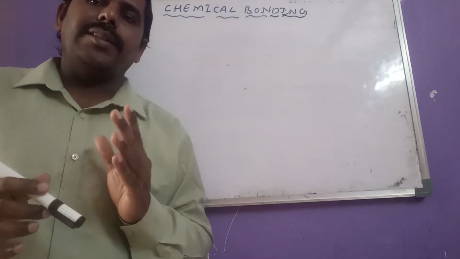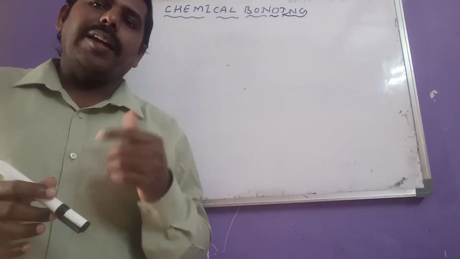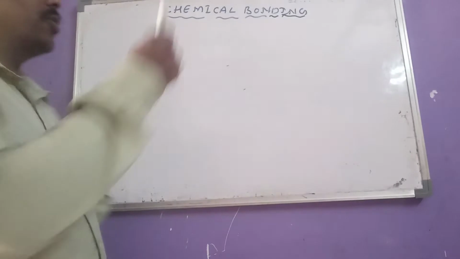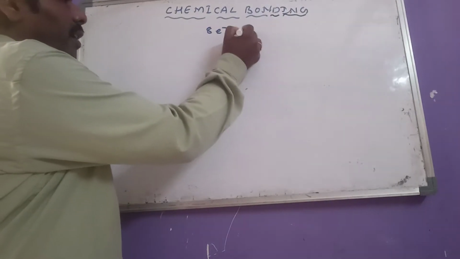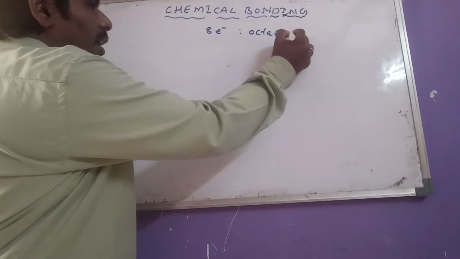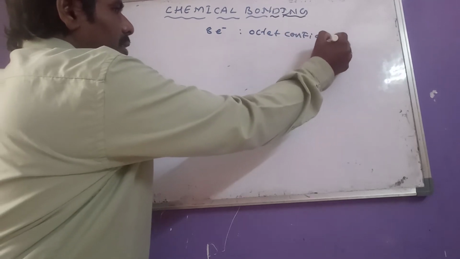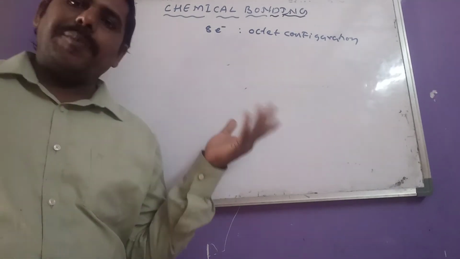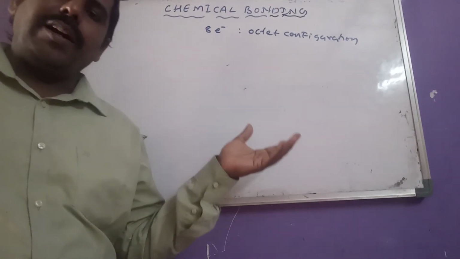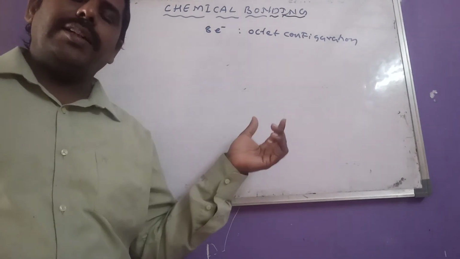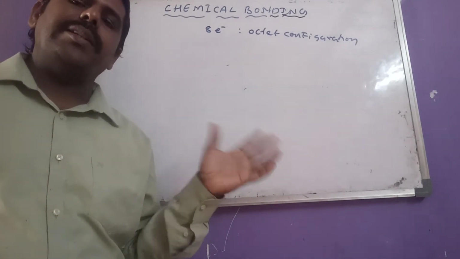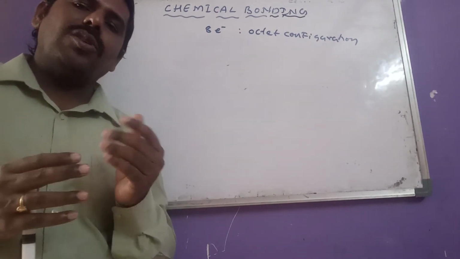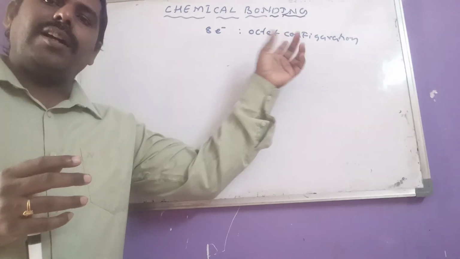In inert gases, except helium, all the remaining gases have 8 electrons in the outer shell. The 8 electron configuration is called octet configuration. Due to octet configuration, except helium, of course, all have stability. Now the remaining elements also try to get this octet configuration.